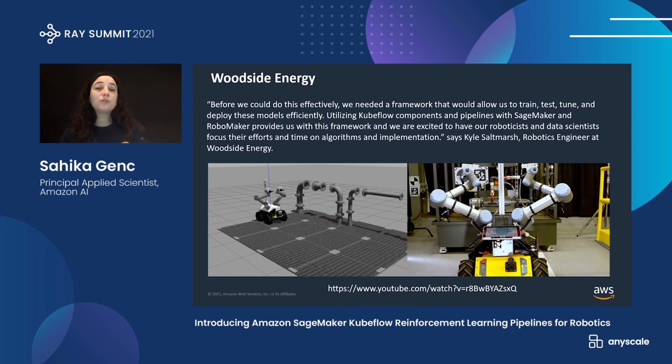What we've been able to do is to work with Kyle's team at Woodside Energy and bring the Gazebo components and assets to AWS RoboMaker, which you're seeing on the left. You can see the robot is about to perform an operation related to a power plant, and it will be trying to open and close some of the valves that are in place.